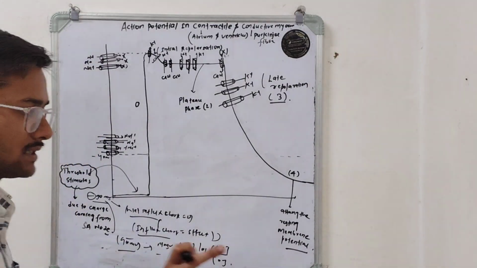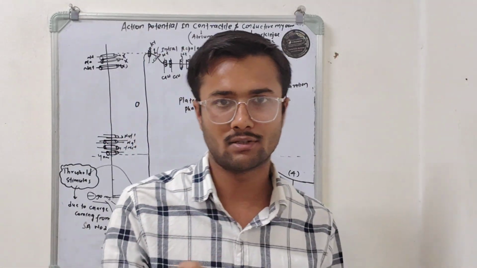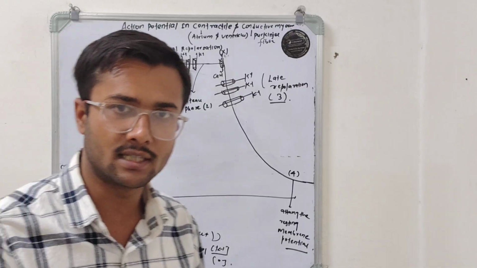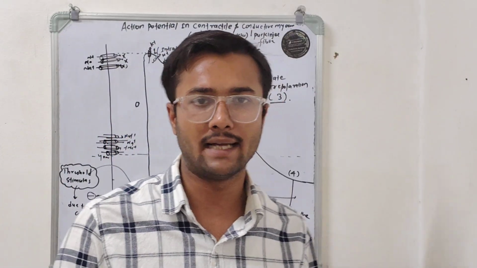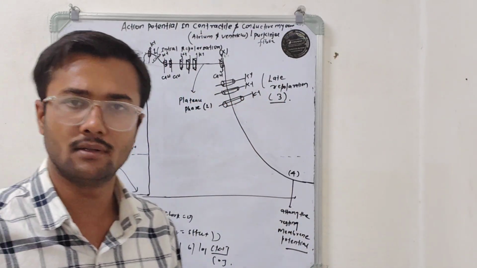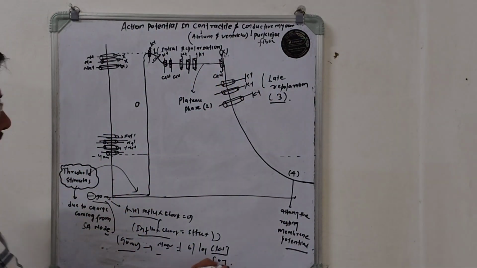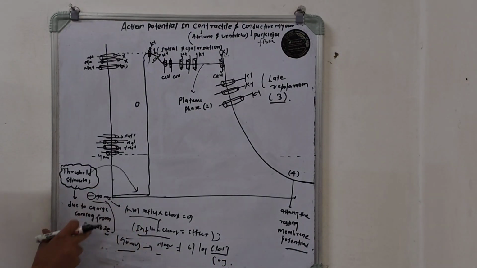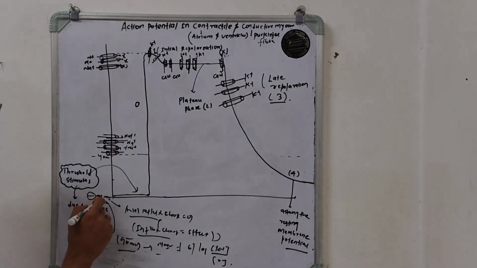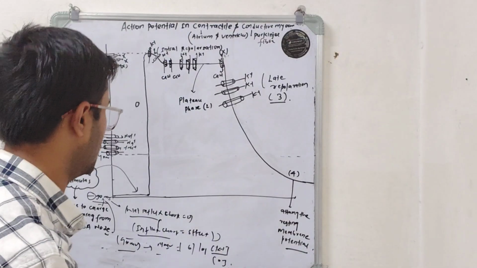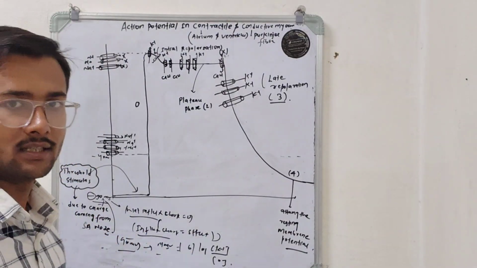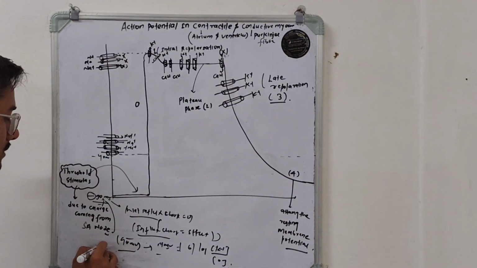Scientists calculate the concentration of ions inside and outside the cells, especially the potassium ion concentration, and on this basis they calculate the value, which comes to 90 millivolts. So now you can understand how this value comes.